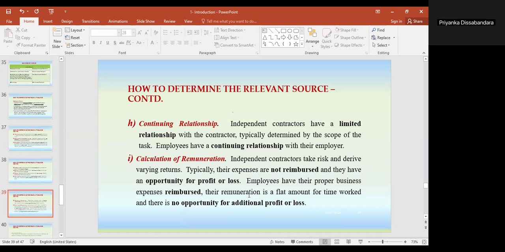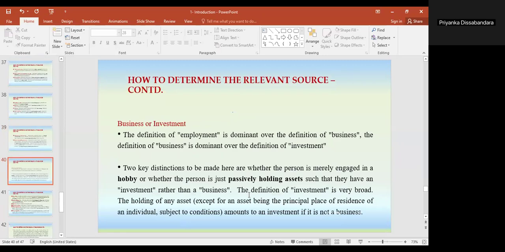If we incur some expenses on behalf of that employer, then they will reimburse us. Otherwise, they pay us a remuneration that is a flat amount. So we don't have opportunity for additional profit or loss. But the independent contractor, they have an opportunity for additional profit or loss.